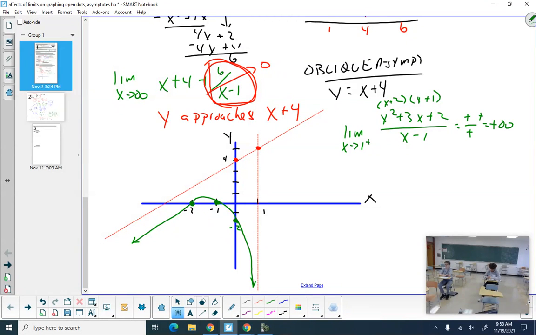So this will tell us that we're going to go towards positive infinity, which takes us up in this direction here and allows us to be asymptotic here.